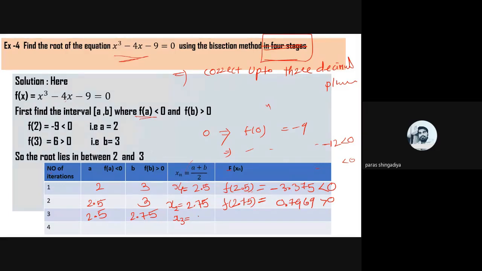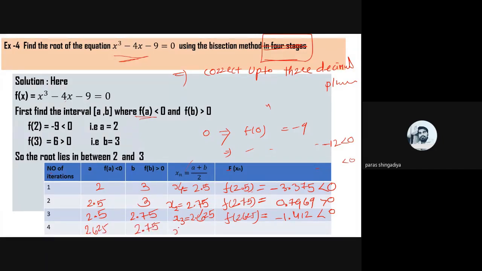It is the third iteration, 2.625. Take the function output at 2.625. That is minus 1.412, which is still negative. And in the last iteration, 2.5 will be replaced by 2.625 and here 2.75 as it is.